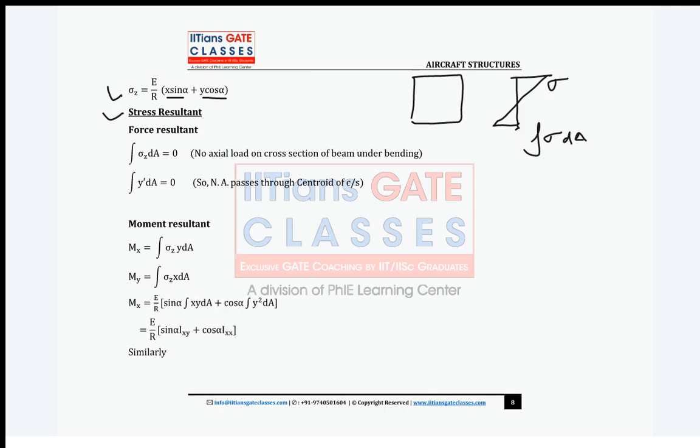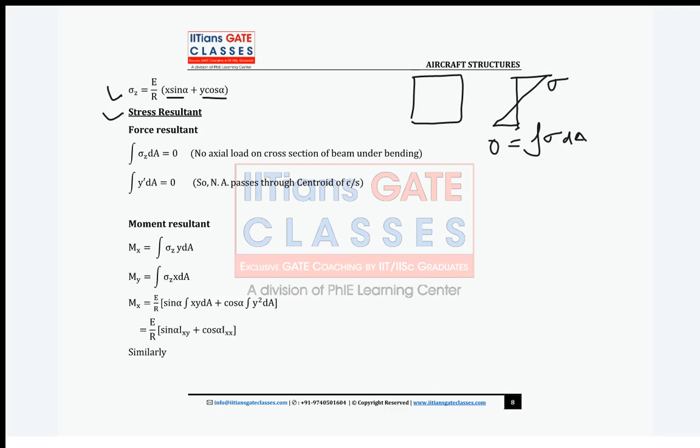The integration of sigma dA is what? 0. Why 0? Because we are not applying any horizontal force, right? There is no force in axial direction. So when you integrate the elemental force, the total force is 0.